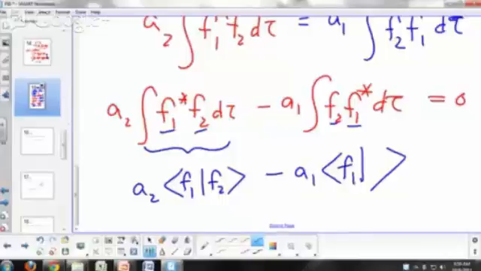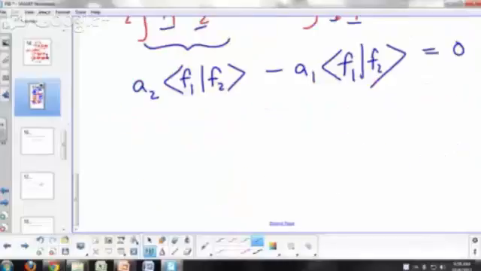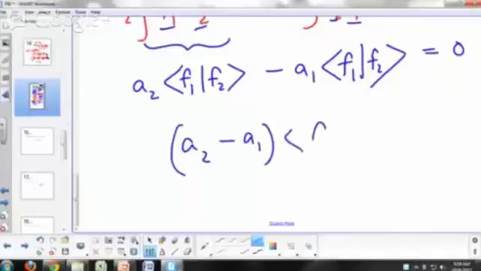So f1 goes in the bra, f2 goes in the ket, and the whole thing is equal to 0. But remember we said a1 star is equal to a1 because we've already proven that the eigenvalue is real for a Hermitian operator. So you can factor out the bracket f1, f2. So you have a2 minus a1 times the bracket f1, f2 is equal to 0.